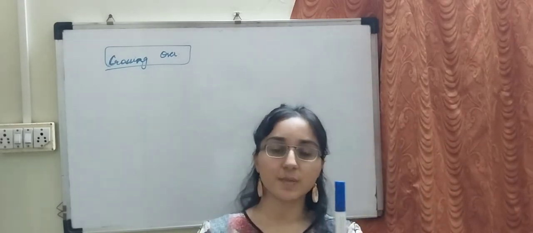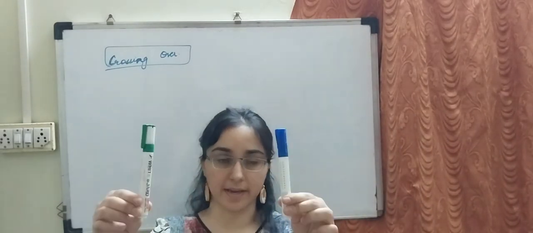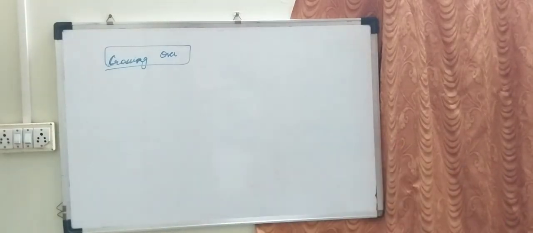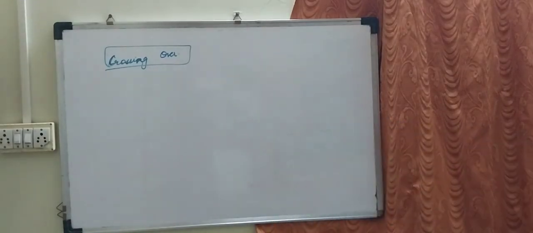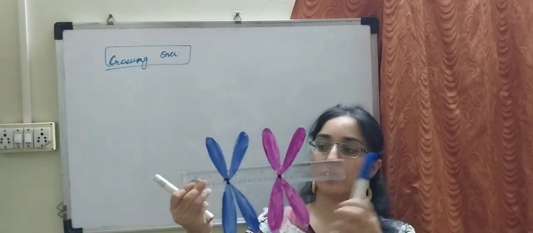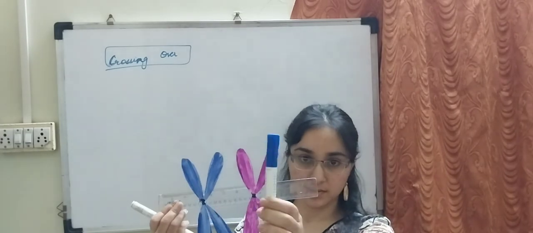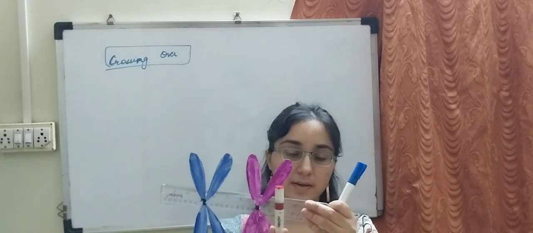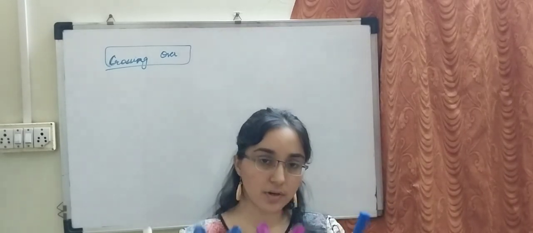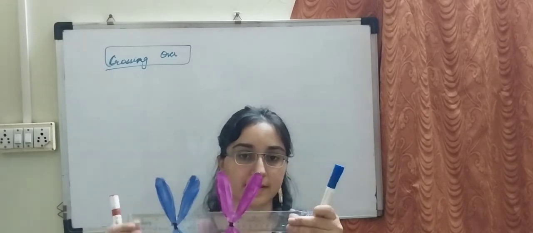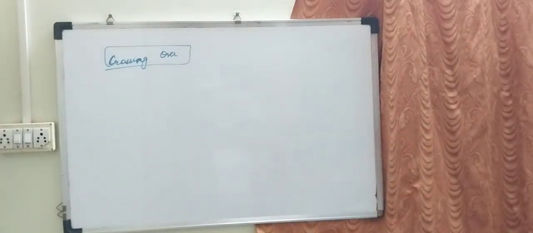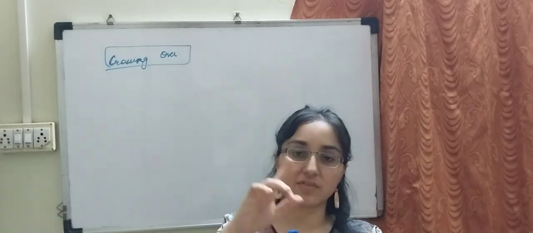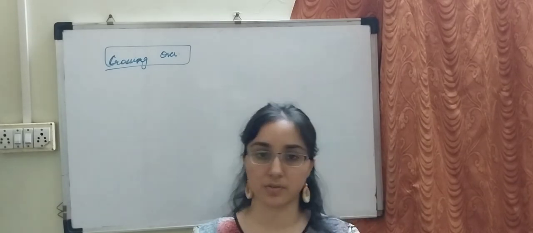Suppose this is one chromosome and this is one chromosome. I will take this red one to give you a good idea. This is the blue chromosome, and the pink chromosome will be depicted by this red pen. Understood what I told? This is the paternal chromosome and this is the maternal chromosome. So these are the chromosomes and we say they are homologous chromosomes. So I told the first condition, that crossing over occurs in homologous chromosomes.